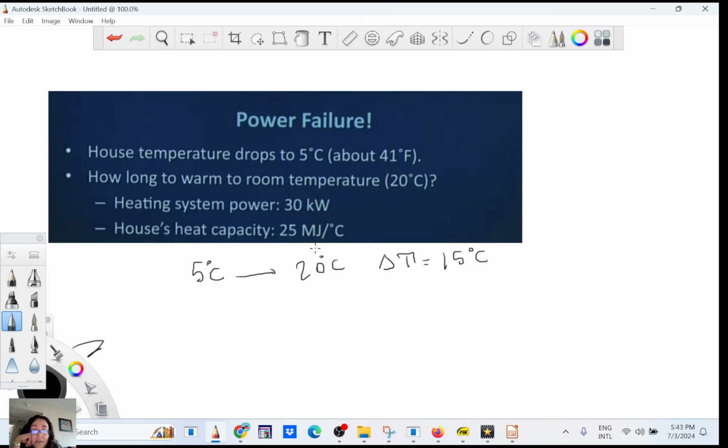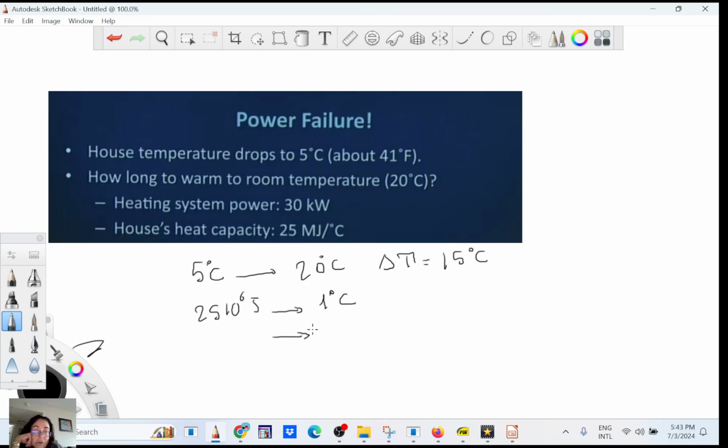You see that 25 megajoule, because in this house specifically, you need 25 megajoules to increase the temperature by 1 degree Celsius.